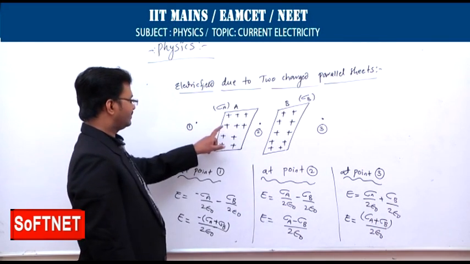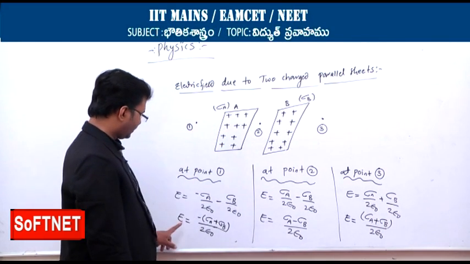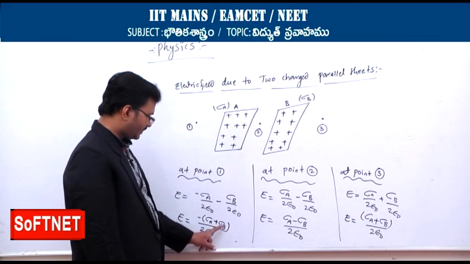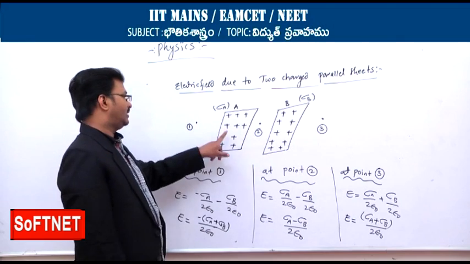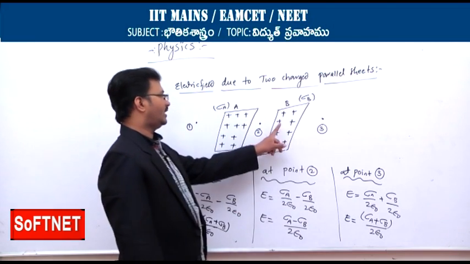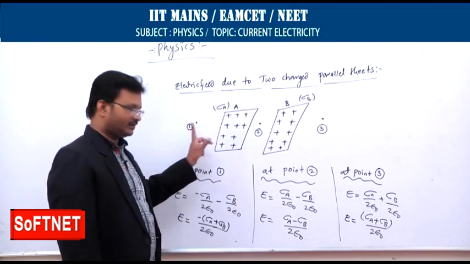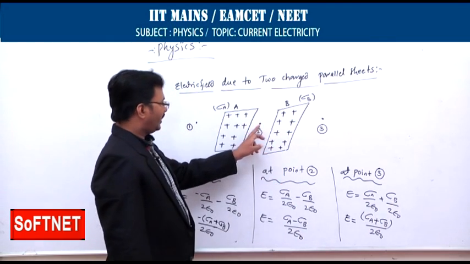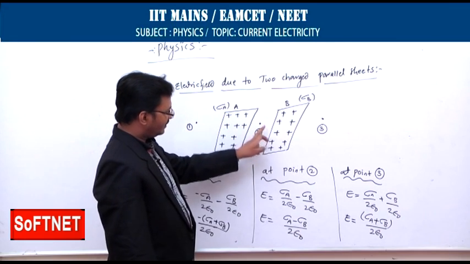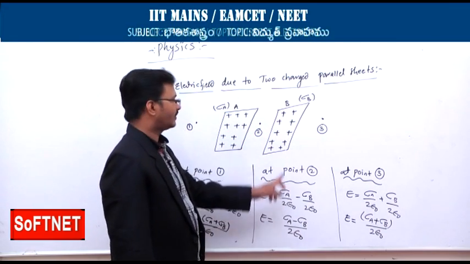Observe here, at point 1 the electric field E is equal to minus of sigma A plus sigma B by 2 epsilon naught, because this point is on the left side of sheet A and the left side of sheet B. Next, take region 2, point 2. Point 2 is on the right side of A, so it is plus.